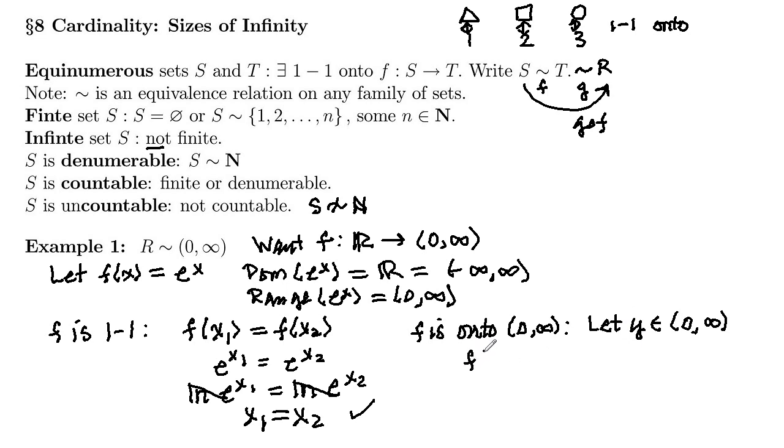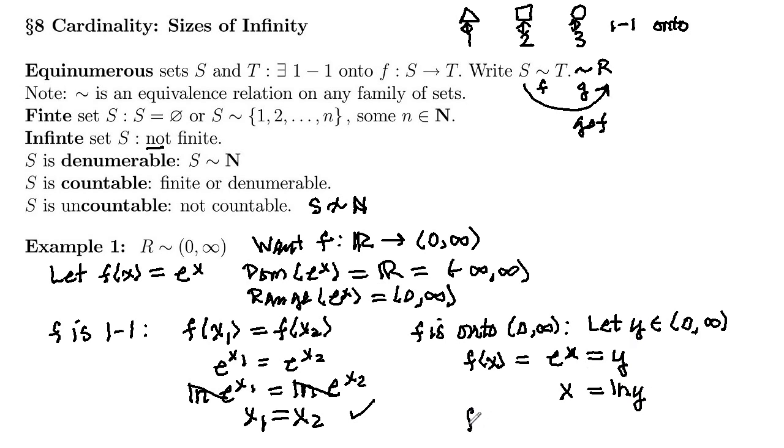So our f of x is e to the x, and we set that equal to y. And then if you take logs on both sides, natural log of e to the x is x, and natural log of y on the right hand side. So the natural log of y is the thing that you plug in and you get out y.